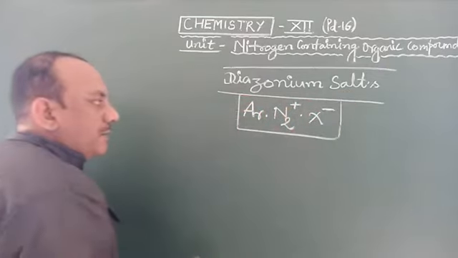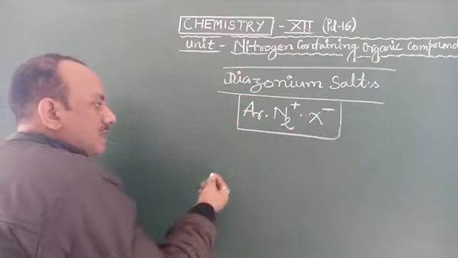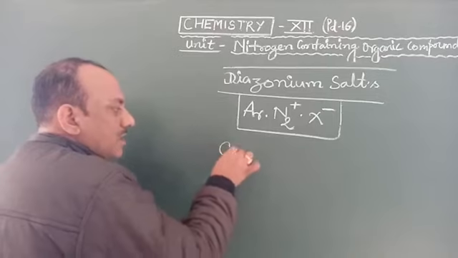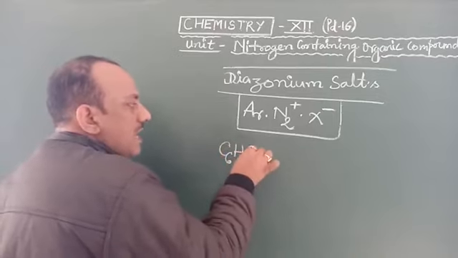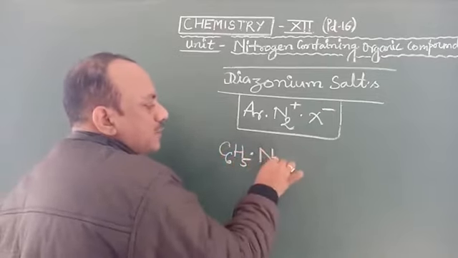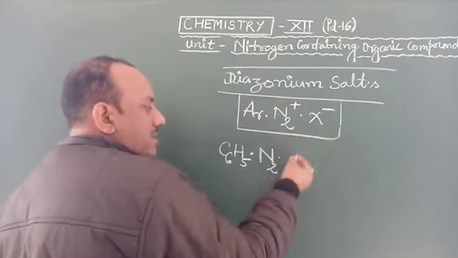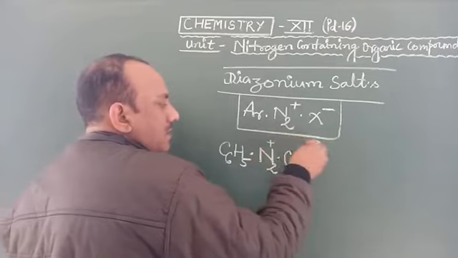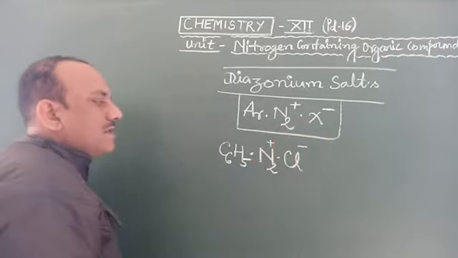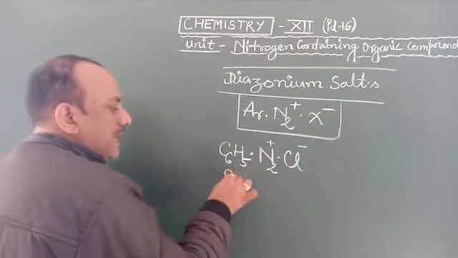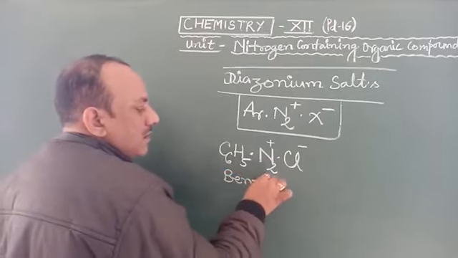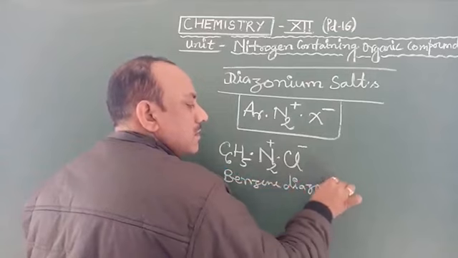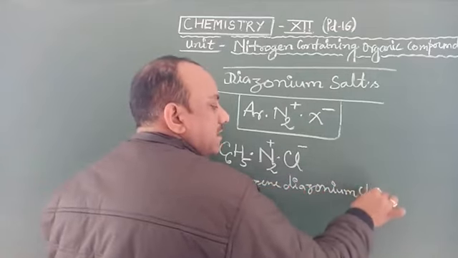For example, here we take an aryl group like phenyl, then C6H5N2, and from the halogens we add chlorine, Cl. This one is known as benzene diazonium chloride.